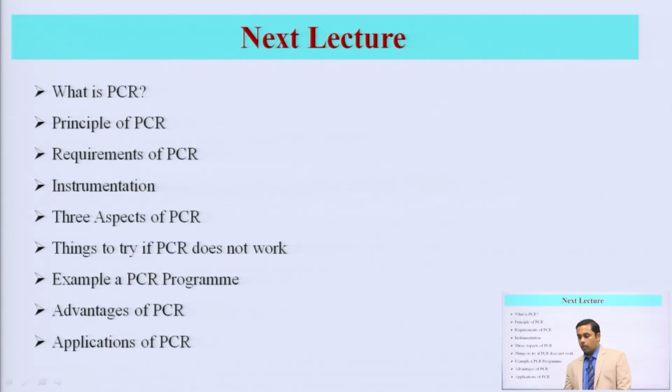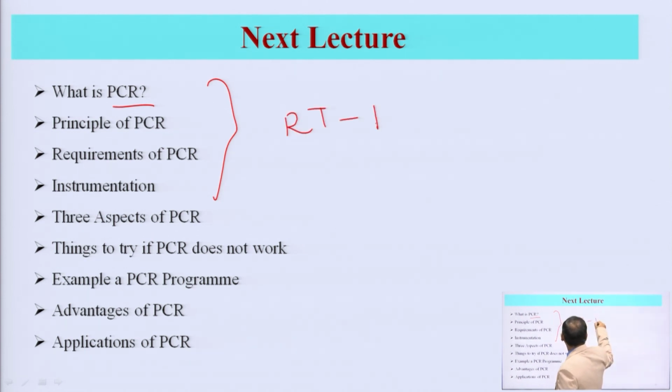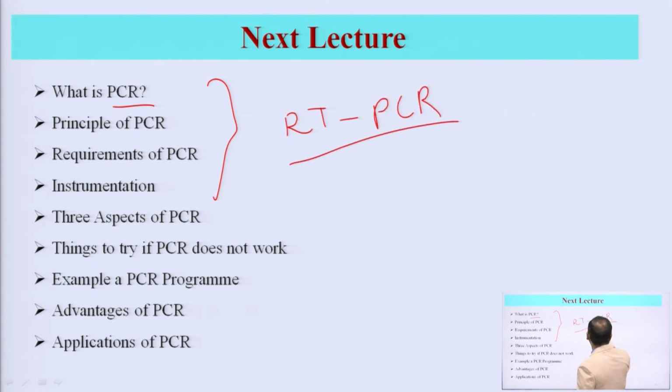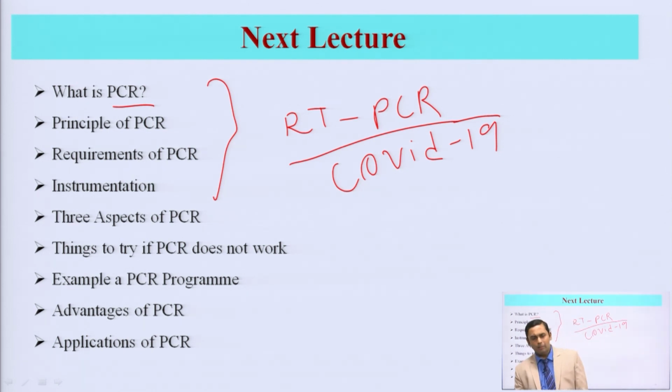Tomorrow I am going to tell you something much more interesting about PCR, polymerase chain reaction. Many of you might have heard the term RT-PCR, because this is the COVID pandemic era when we are recording this lecture, and RT-PCR is so popular. RT-PCR is highly reliable, and it basically starts from PCR. Sometimes RT-PCR is called real time polymerase chain reaction or reverse transcriptase polymerase chain reaction.